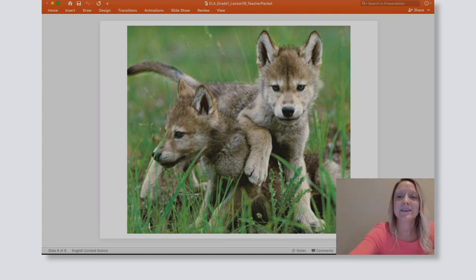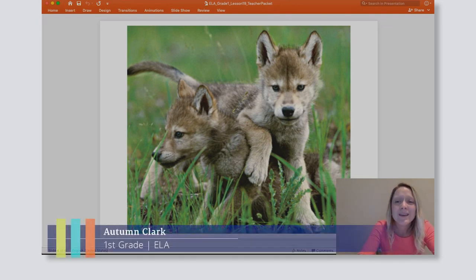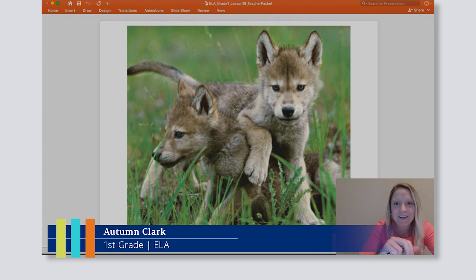Now let's keep reading to see if we can find any more words that tell how the wolf pup plays. So she stretches her paws and she bows her head. What's next, boys and girls? That's right. She wiggles and shakes her tail, right? She's wiggling and wagging that tail.